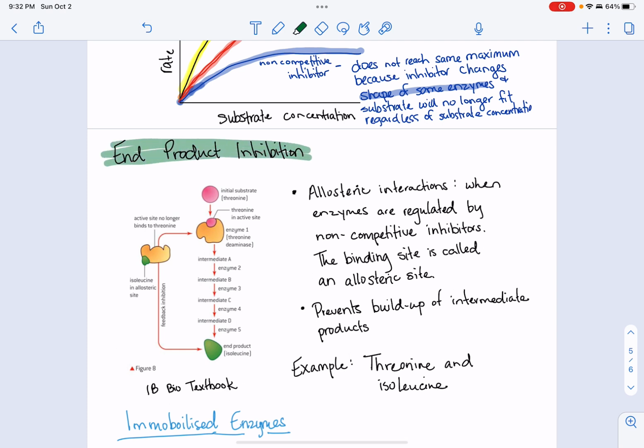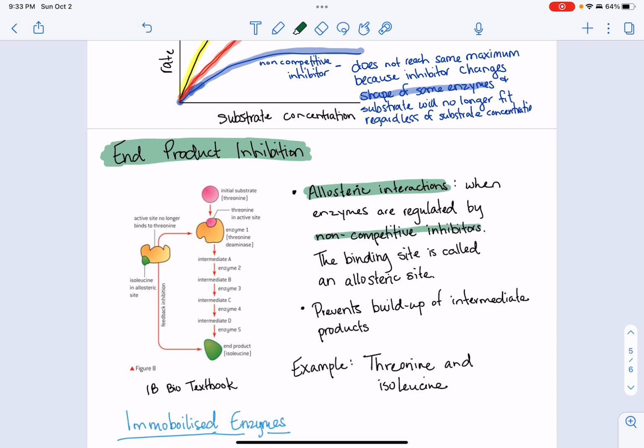Remember, metabolism is all of the enzyme reactions that happen in an organism. So these are called allosteric interactions. And so what happens is enzymes are regulated by non-competitive inhibitors.